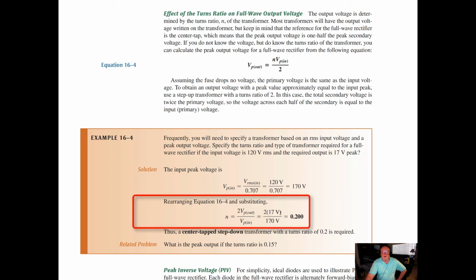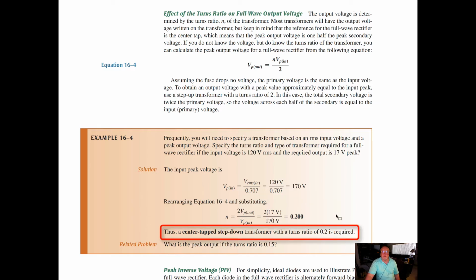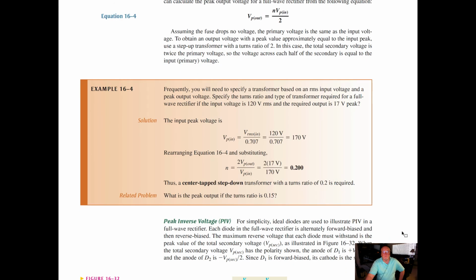So 17 volts divided by 170 volts, multiplied by 2, gives us 2/10. Thus a center tapped step down transformer with a turns ratio of 0.2 is going to be required.